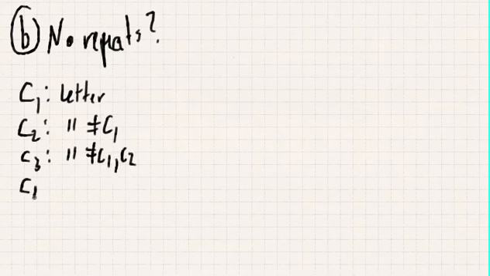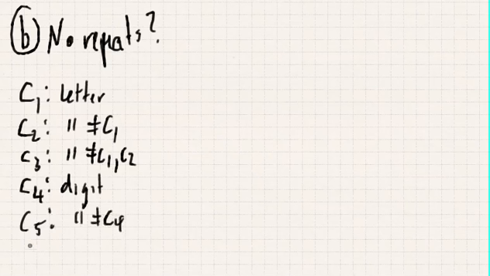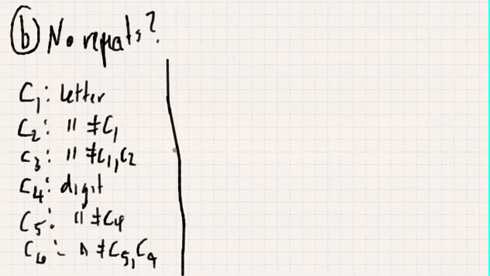Now C4 is a digit, so I don't have to worry about repeating, but C5 is another digit, and it can't be equal to C4. And C6 is going to be another digit, but it cannot be equal to C5 and C4 because those have already been used. Now, how many possibilities is this?